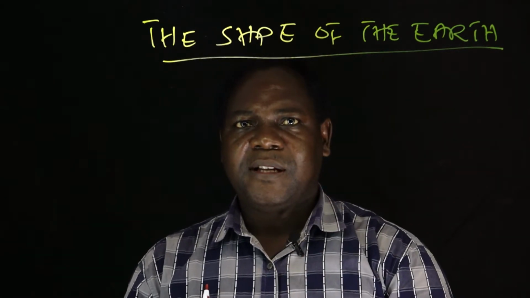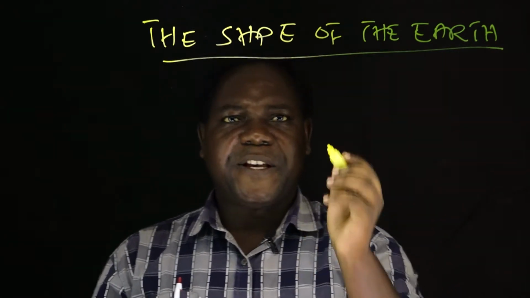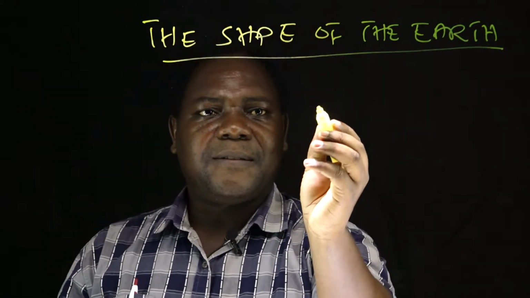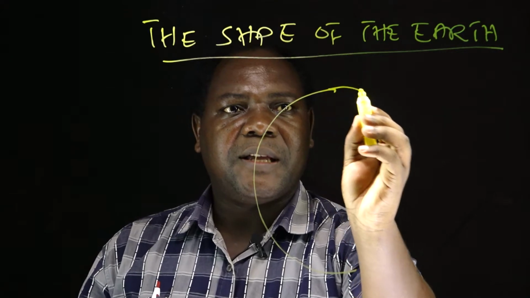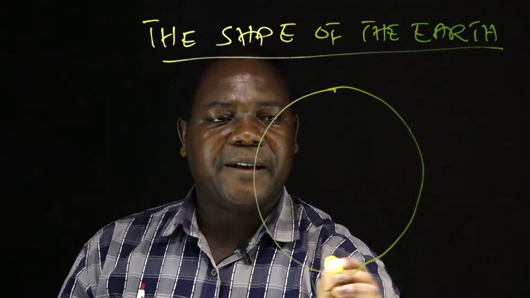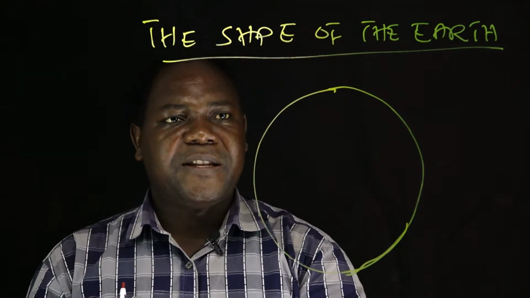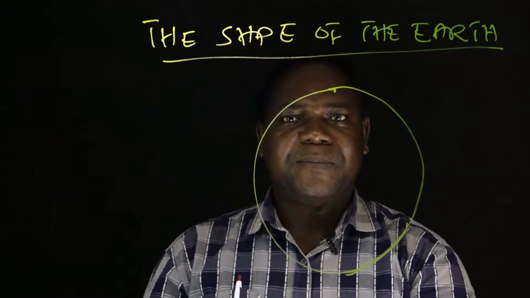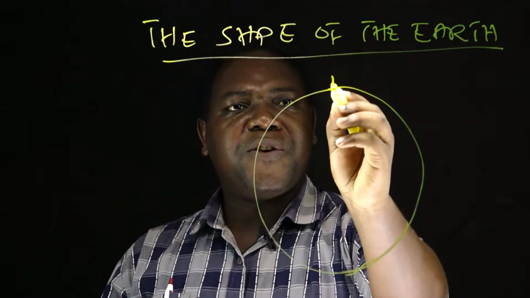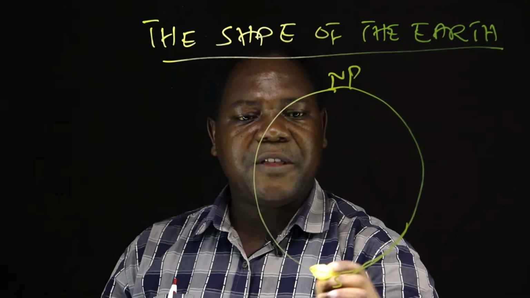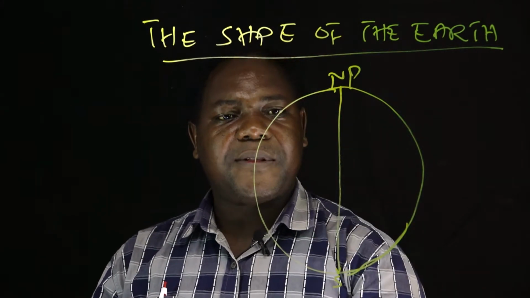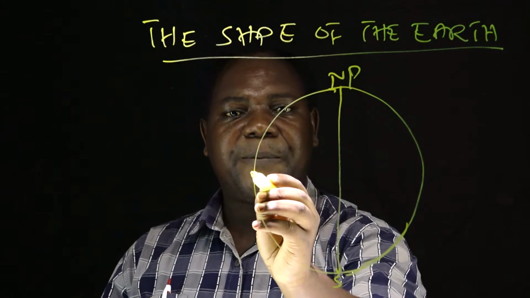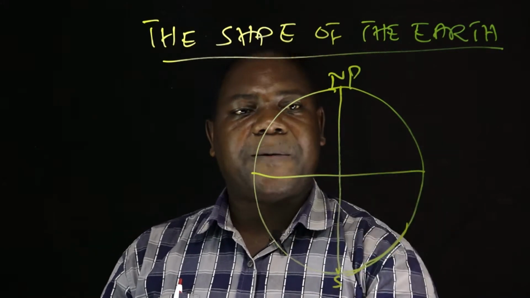Now, let us see. If we say the earth is spherical, but it is not a perfect sphere, but rather a flattened sphere, what does it mean? That when we have the North Pole and the South Pole, we have the distance from the north all the way to the south. We have the distance from the other part of the earth to the other part of the earth.